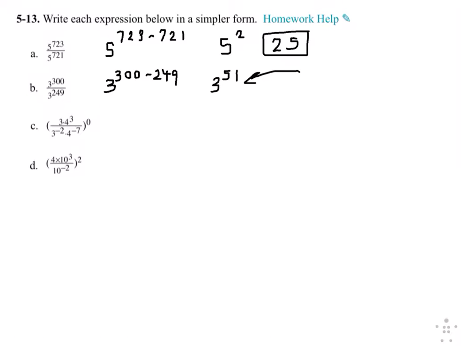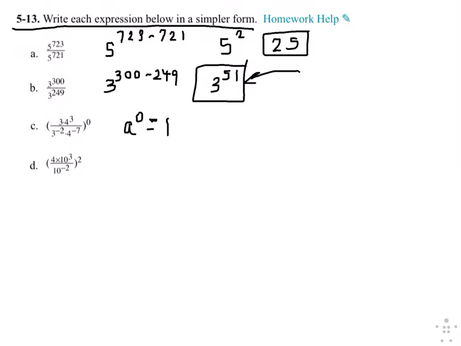So this is just badly worded instructions. So for this one, I'm going to leave it as this because clearly I don't want to multiply 3 times itself 51 times.